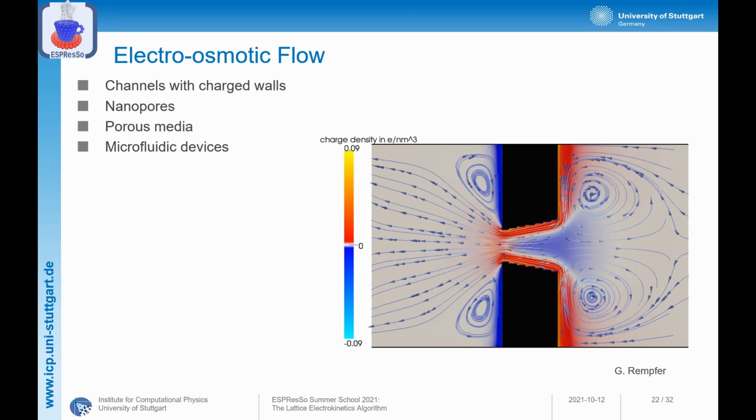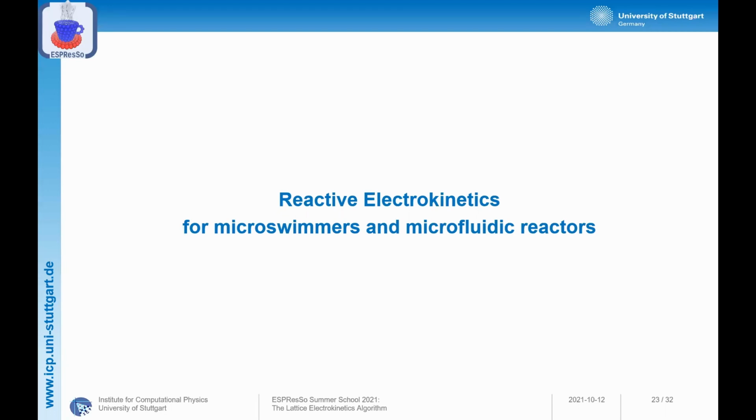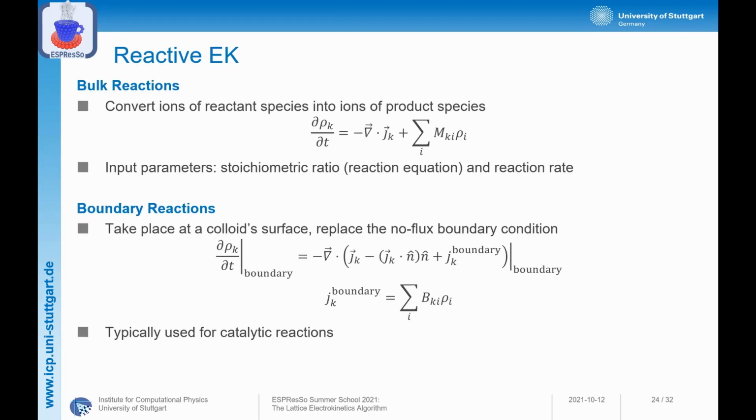Okay, so the next thing is that we want to look at one extension to the model, as Christoph already mentioned, namely reactions. Reactions in the electrokinetic model are mainly done in two ways. The first is that you can use bulk reactions. So the reaction takes place everywhere in the system with a defined rate.